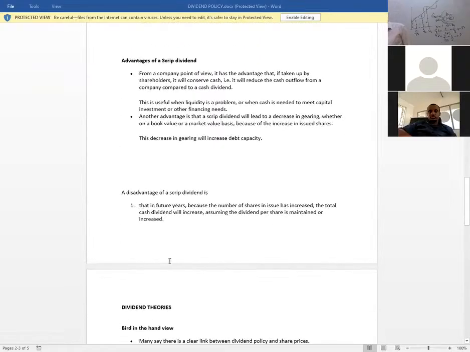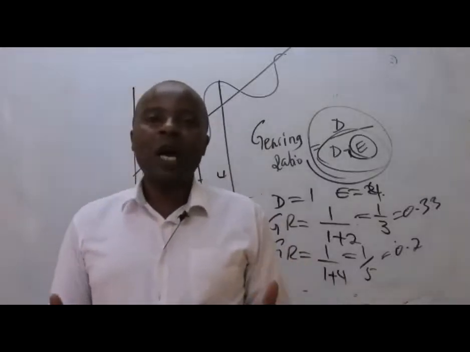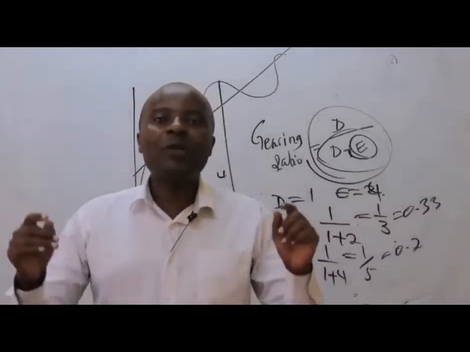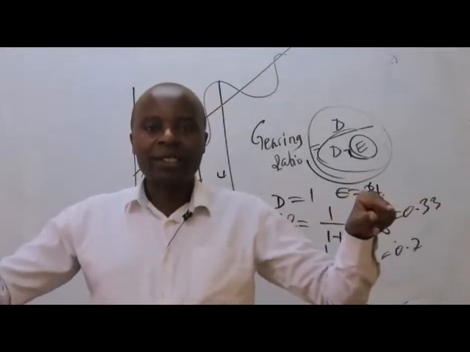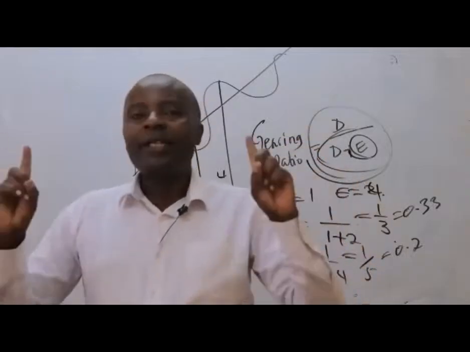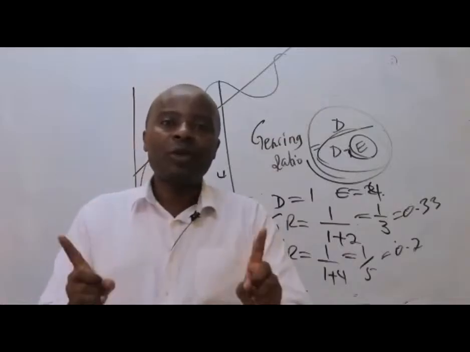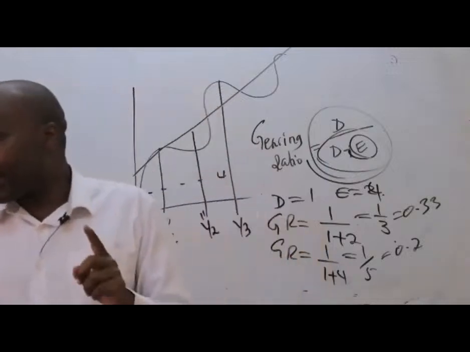The biggest disadvantage of scrip dividend, when you are giving out shares, is that at the end of the day, we shall have so many shares in the stock exchange. So we expect to experience what we call dilution of our EPS, dilution of our EPS.